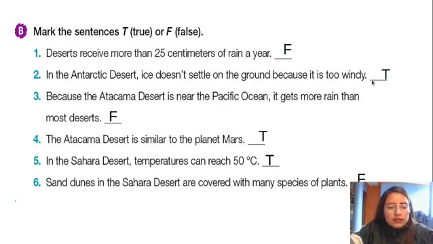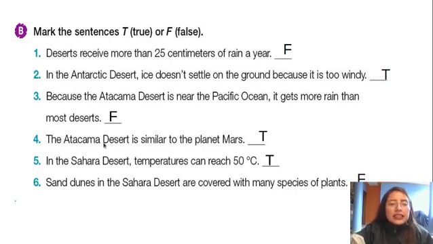True or false? Okay, very good. This is true. Excellent. And let's start with this. Number 3. Because the Atacama Desert is near the Pacific Ocean, it gets more rain than most deserts. False. It's the same situation for all the deserts.